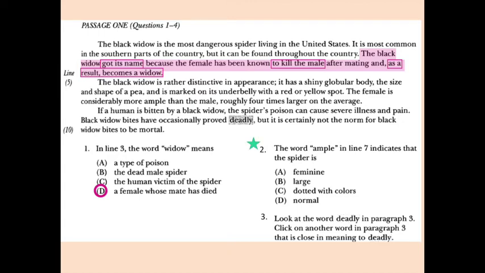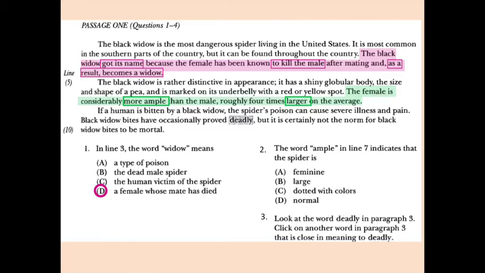Number 2, the word ample in line 7 indicates that the spider is. Let's read the sentence. The female is considerably more ample than the male, roughly 4 times larger on average. So we have more ample, and then there's a restatement, comma, roughly 4 times larger.